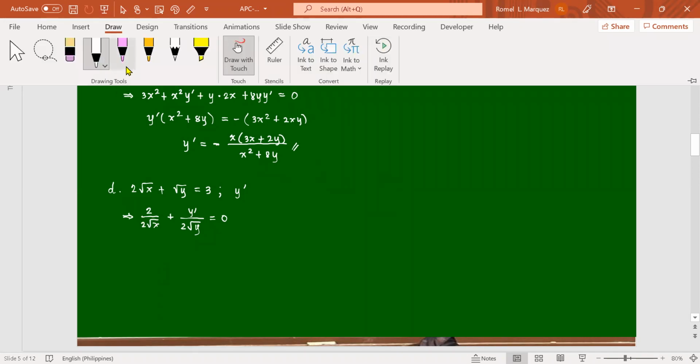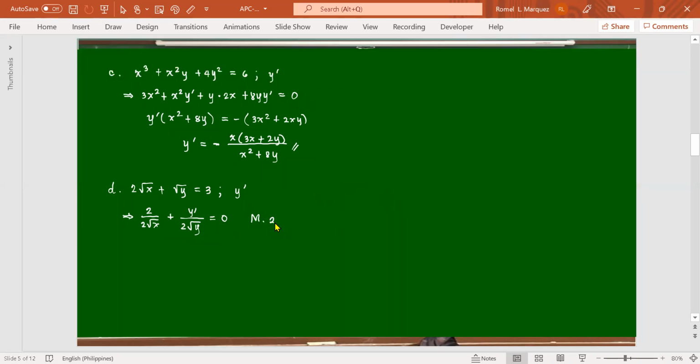So 2 is cancelled out, but I think I can multiply each side by 2 square root of x square root of y. So getting 2 square root of y plus square root of x y prime equals 0. Right, guys? What is y prime?